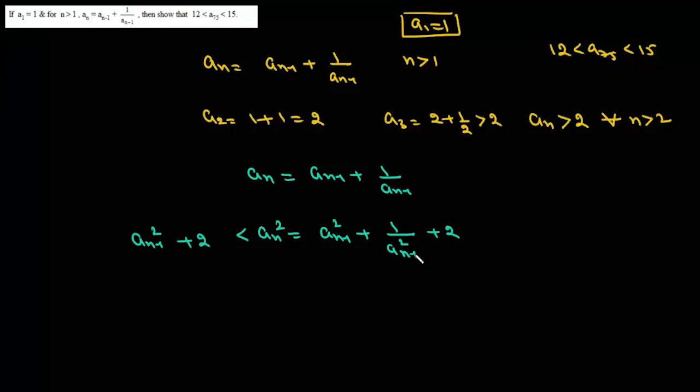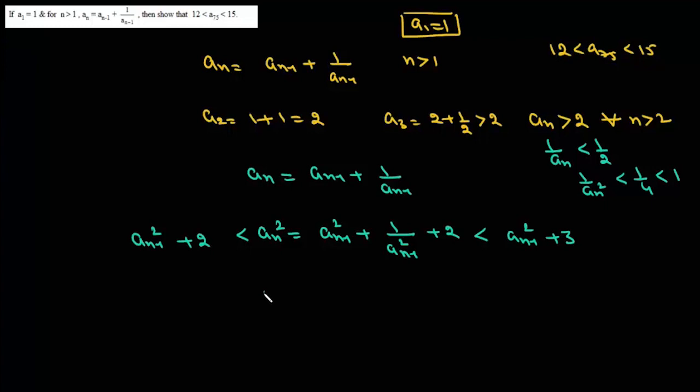and we know that any an is greater than 2, then 1 upon an will be less than 1 by 2, or 1 upon an square will be less than 1 by 4. That means it will always be less than 1. So we can write it will be less than an minus 1 square plus 3.